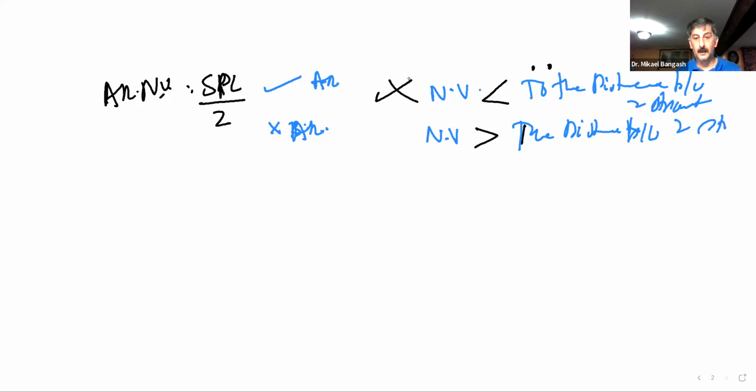Sorry, if the numerical value was less, then you have a good resolution, whereas if the numerical value was greater, you will have a bad or poor resolution.